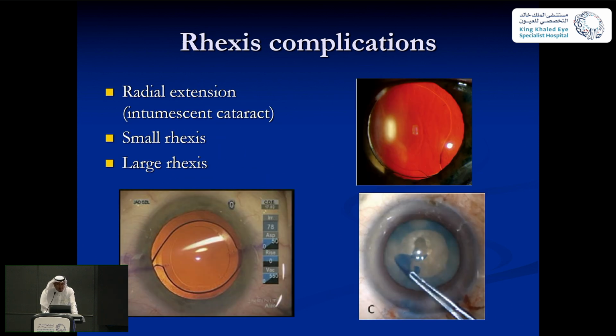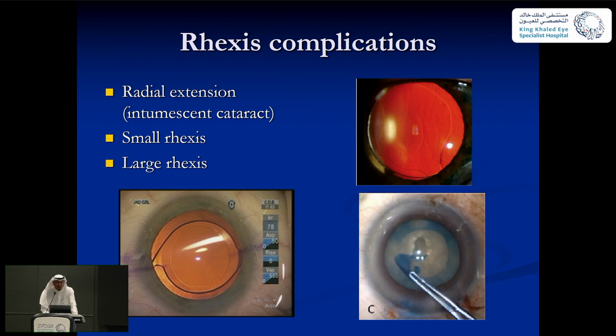During the rhexis, maybe this is the most scary, radial extension can happen when we are doing the rhexis, especially at the start. And this becomes more characteristic if there is an intumescent cataract.